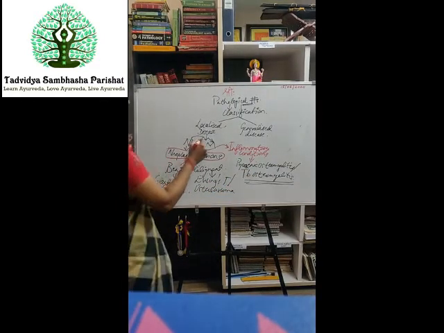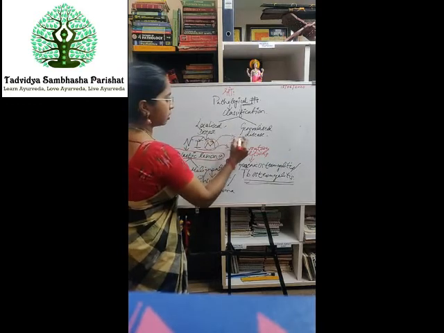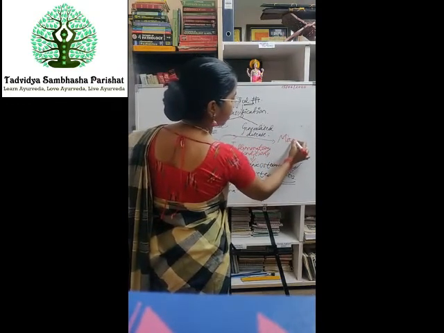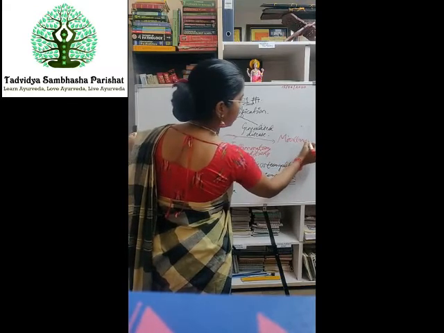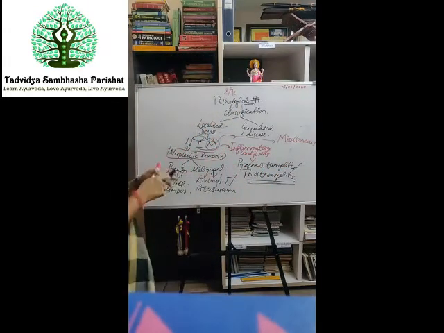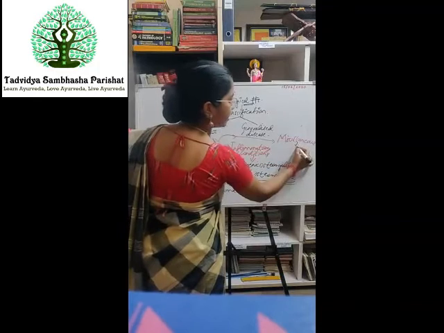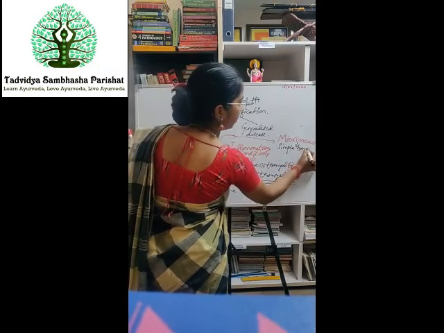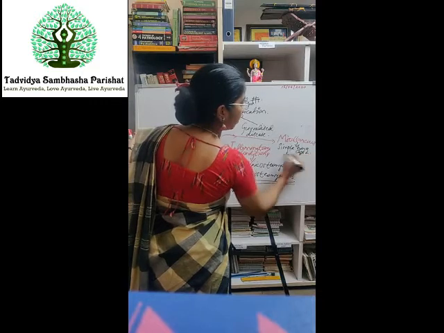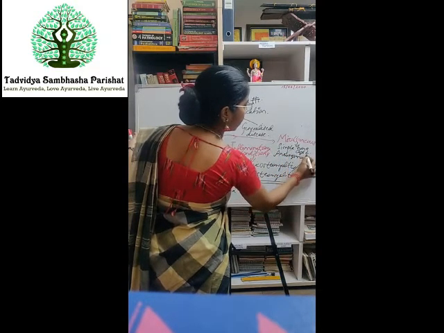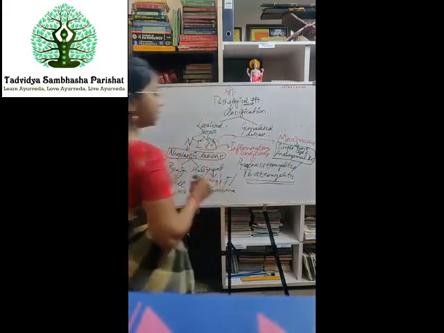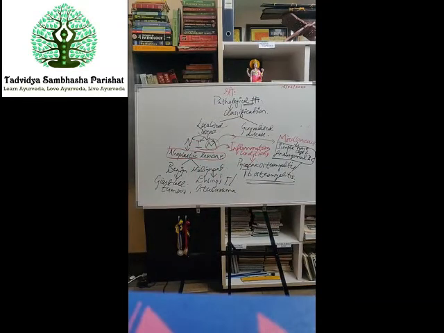Next is M for miscellaneous conditions. Under this we can have an example of simple bone cyst or an aneurysmal bone cyst. So this is the classification under localized.